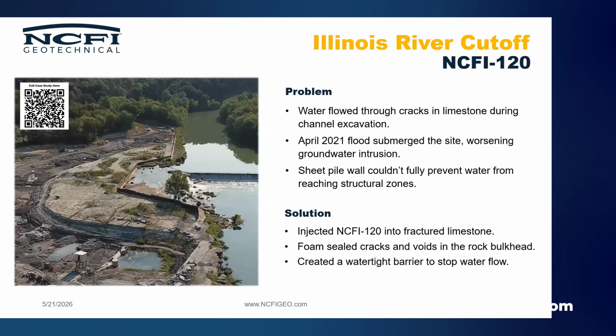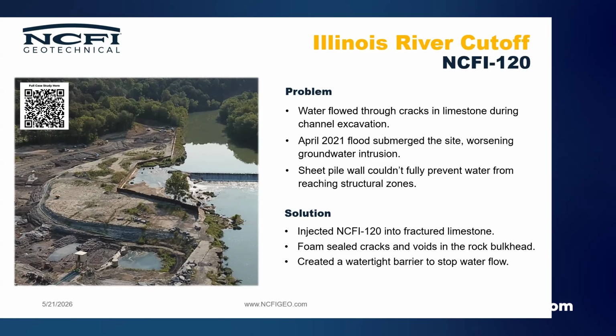This was a very unique project, the Illinois Water Cutoff. They were going to build a park here, but in this little bend in the river, water was going underneath the stone structure. There were basically layers of stone that water was getting in between, flowing through, not over the top, but on a horizontal surface.